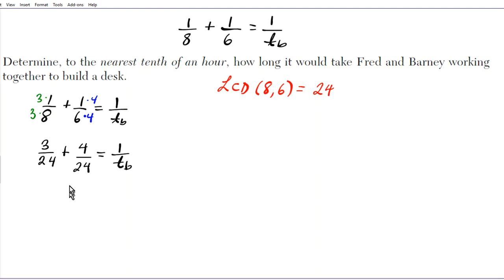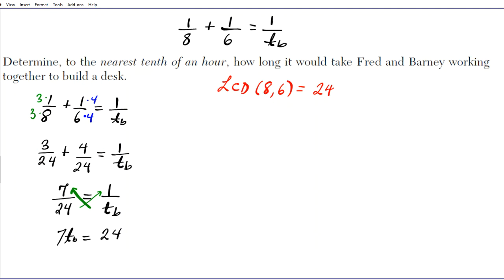Let's go ahead and combine the fractions on the left. Since your denominators are the same, you add the numerators, and you have 7 over 24 equals 1 over t sub b. Now we're going to proceed to cross multiply. Bottom times top, bottom times top. We'll have 7 times t sub b is equal to 24.